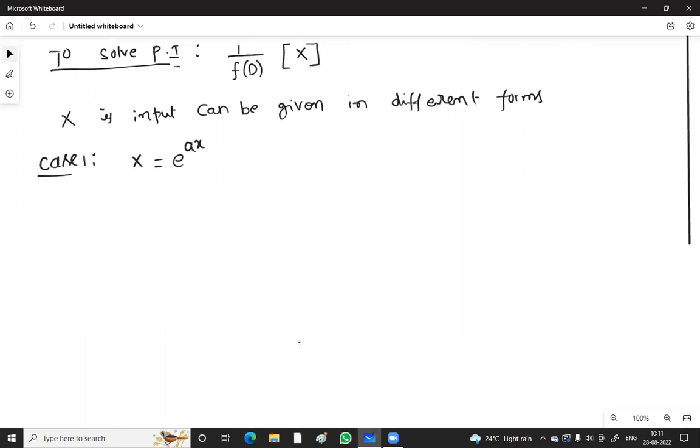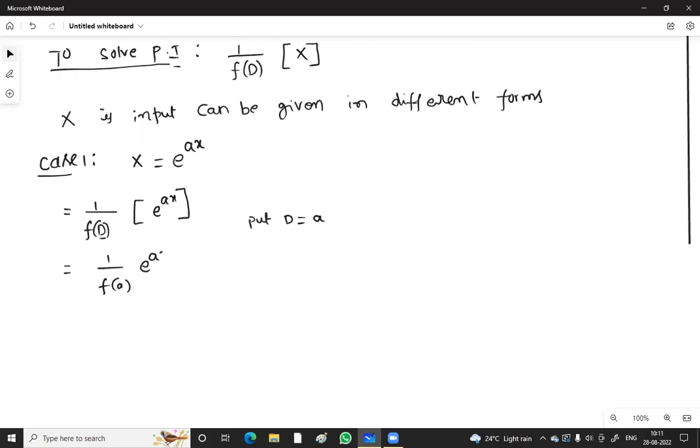If that is the case, how to write the particular integral? Simply you do 1 over f of D, operating on e power ax. You know what f of D is, in the question they will give it. How to operate? Just put a in the place of D. It means put D is equal to a, so 1 over f of a.